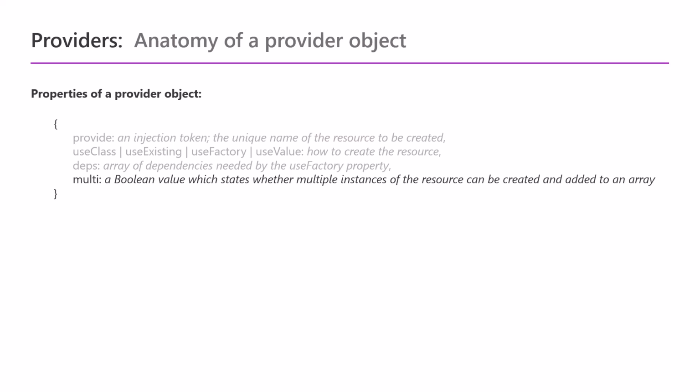If multi is set to false, then if you register multiple provider objects with the same provide injection token, it will override each of those provider objects until it gets to the last one in the registration. The default value of multi is false.